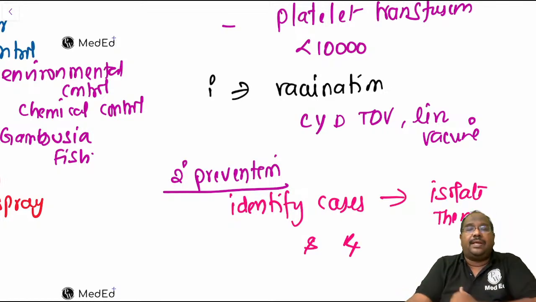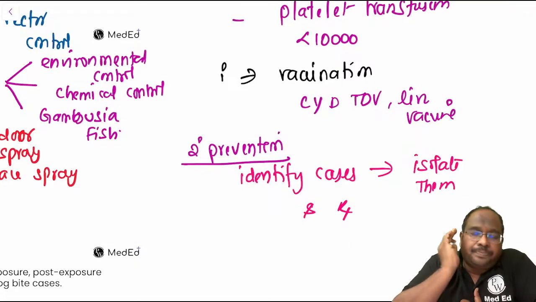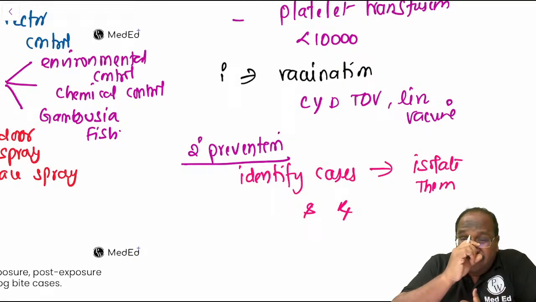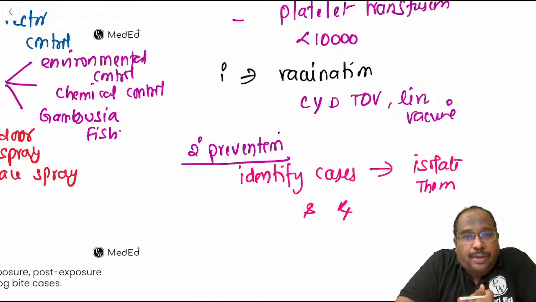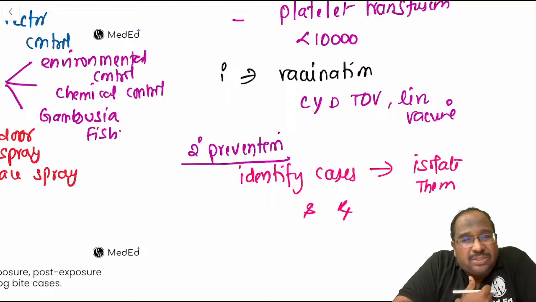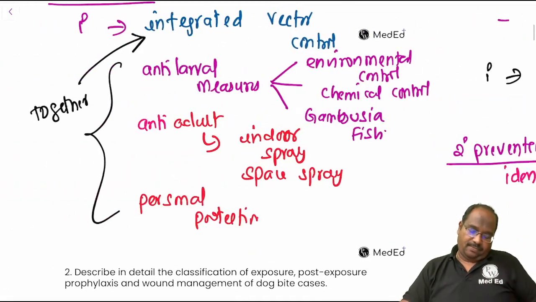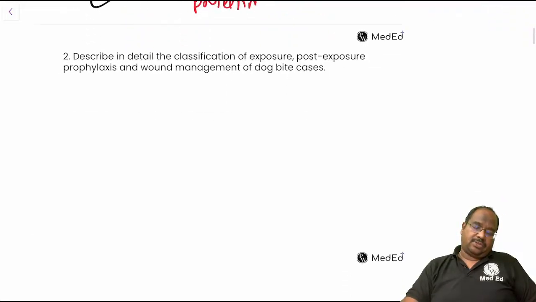So are we clear? This is about dengue, guys. Primary prevention is vaccination and integrated vector control. No mosquito means no dengue. Secondary prevention is to identify the case early and treat them. Fine, we'll go to the next question.